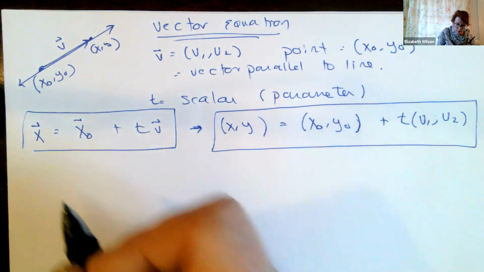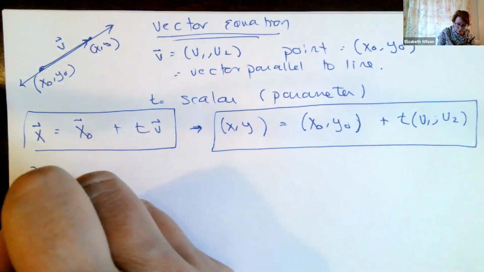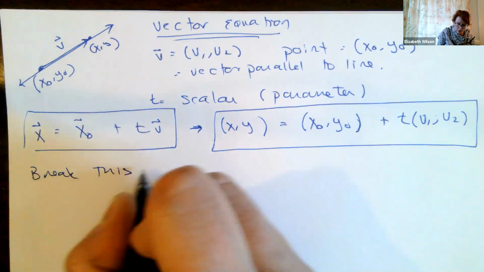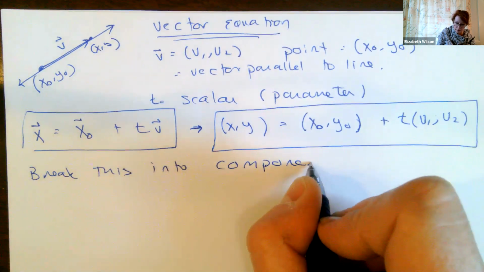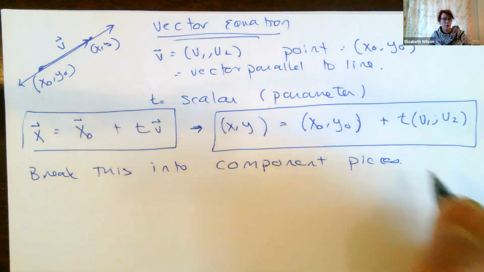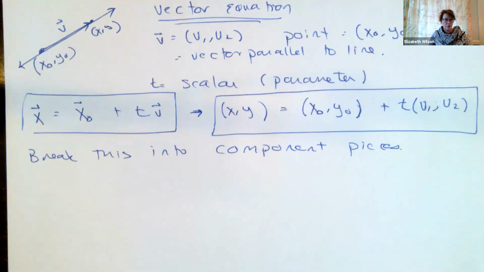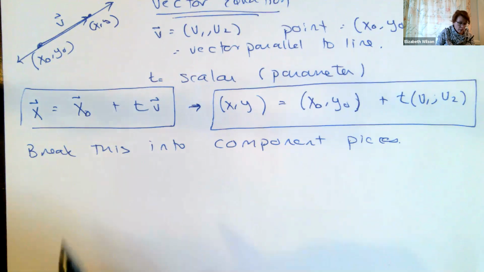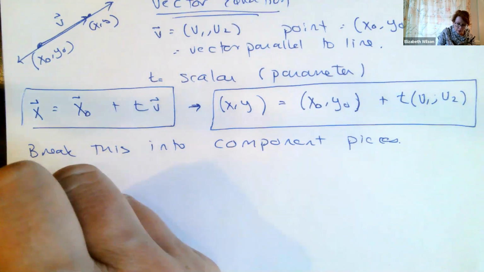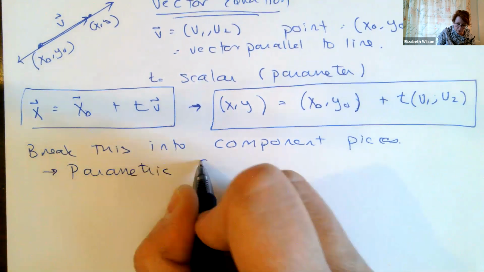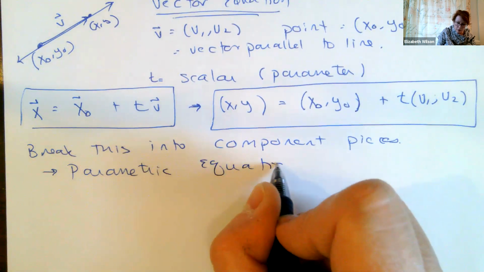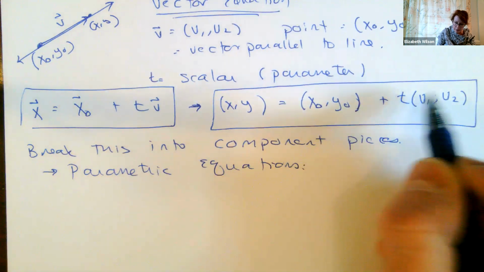I can use this, I can break this down into component pieces, which becomes very handy for manipulating lines and intersections. We're going to talk about that on Wednesday, and which is going to give me the individual parametric equations. So if I break this down into pieces right here, what am I going to get?